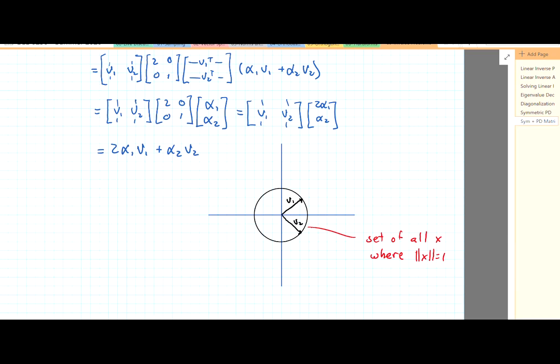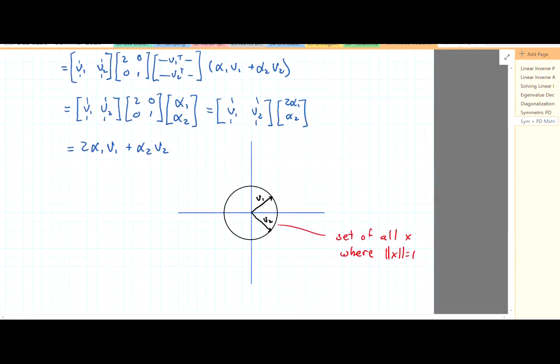So when we create some linear combination of those, as long as we do it such that alpha 1 squared plus alpha 2 squared is equal to 1, we're going to be picking some point on that. But when we multiply by A, what's going to happen?